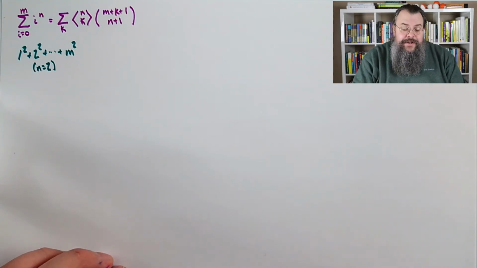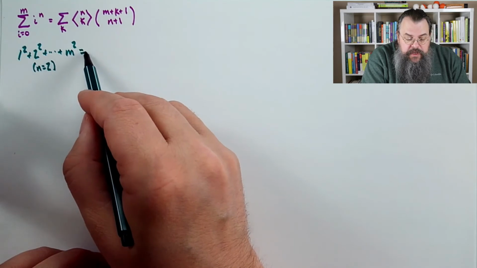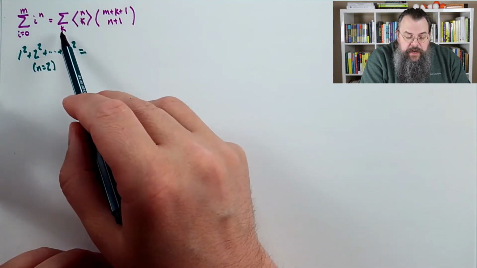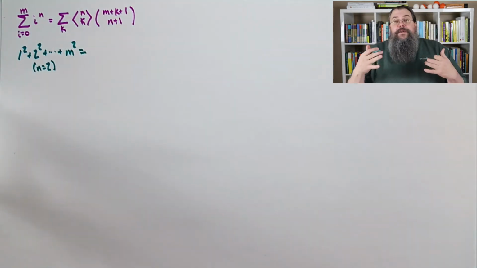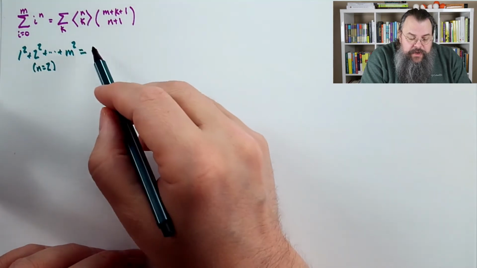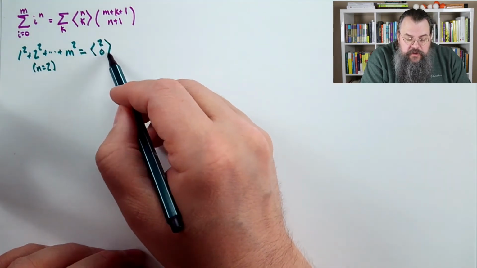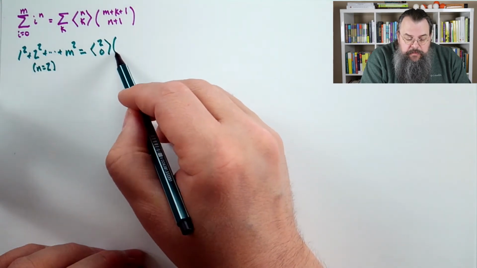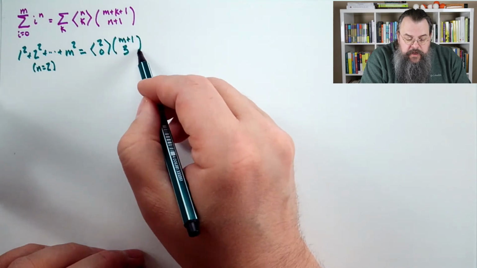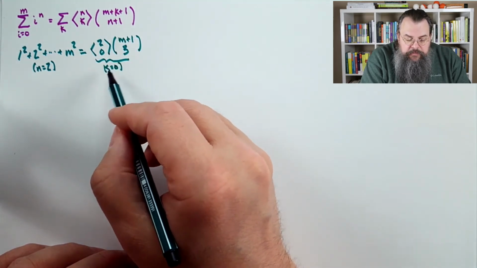So according to the formula, I'm just applying the formula here, we're going to have n equals 2, and we add up over all k. Well, we only add up over the k where we can have the Eulerian number. So we can have 2, 0, times m plus 1 choose 3. This is the case k equals 0.